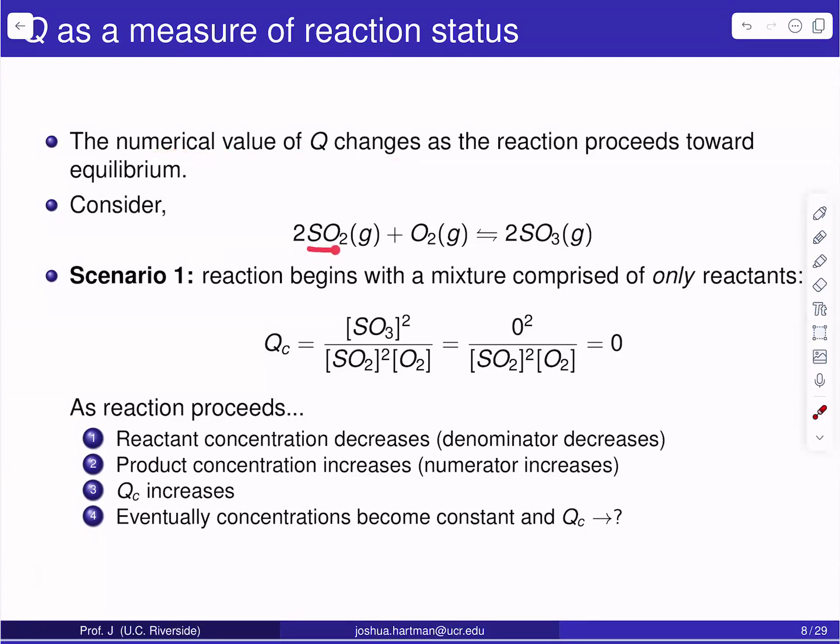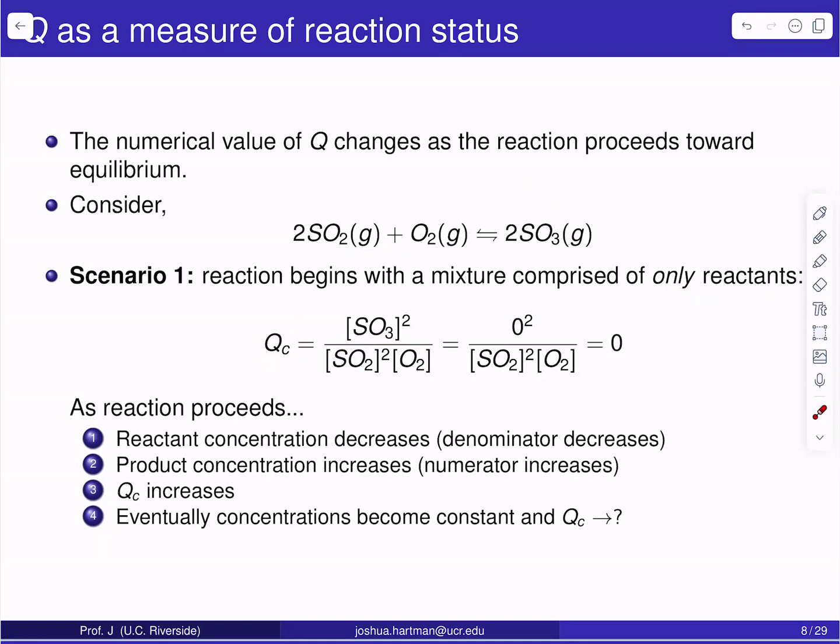So if we consider yet another example of a reaction here, SO2 and O2 going to SO3 gas, we can begin with writing down QC. And so if we were to look at a scenario where a mixture is comprised of only reactants, the products over the reactants in this QC expression is going to give us a value of 0, because if we only have reactants, then that means there's a 0 concentration of SO3 here.